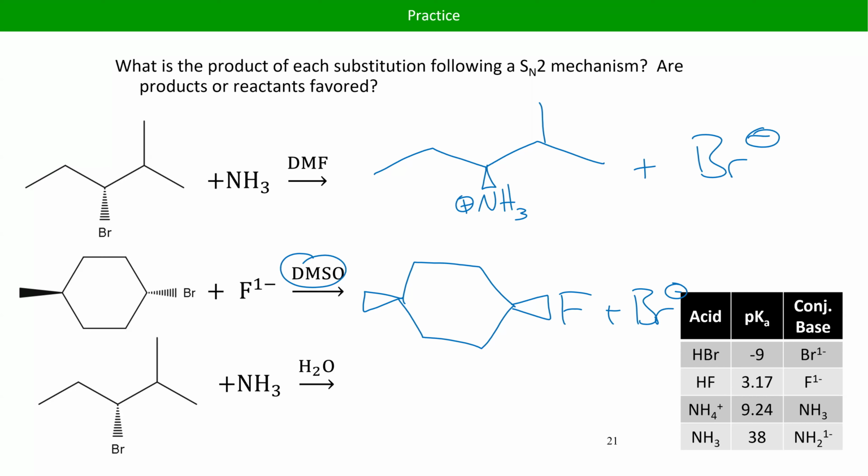It's a weaker base, means it's a better leaving group. If it's a weak base, that means it's not very good at pulling stuff towards itself, it's pretty stable on its own. So a weak base is also a good leaving group.